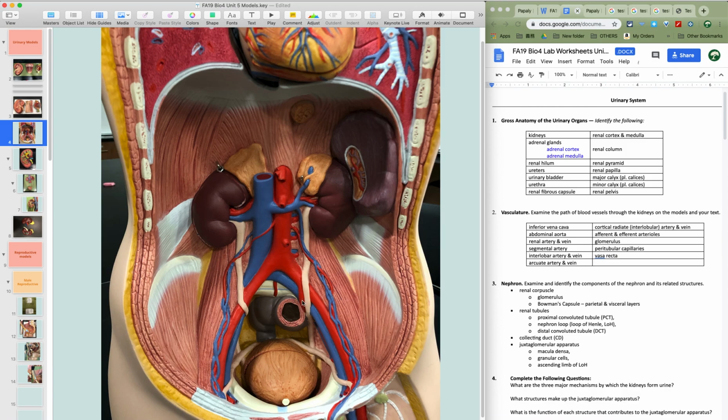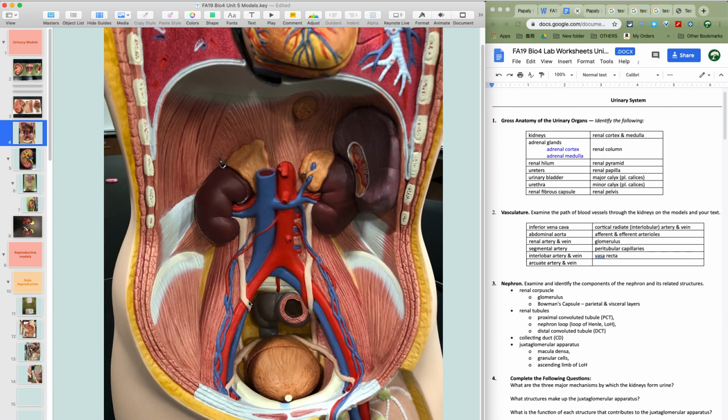So here you can see it branching. This becomes the external iliac artery. This is the internal iliac artery. Specifically, this is the left external iliac artery. This is the left internal iliac artery. If you view this model at a slightly different angle, you'll be able to see the branching here as well.